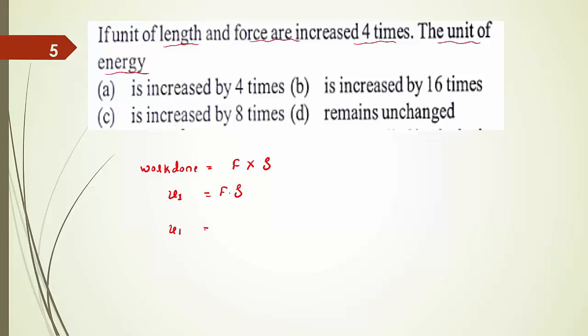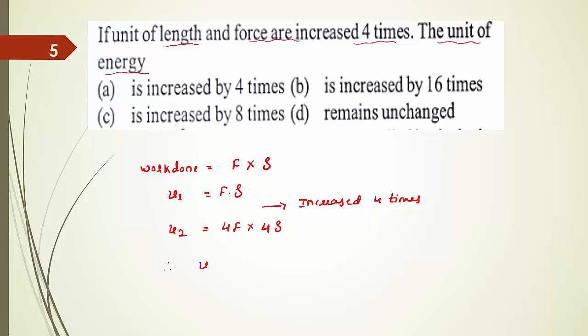So suppose it is increased 4 times. Then we can write 4 times of F into 4 times of length or displacement. So we can write the initial equation is u1 equal to F into S. When we increase 4 times, instead of u1 we can take u2. u2 equal to 4F into 4S.